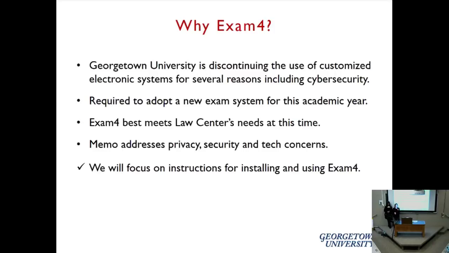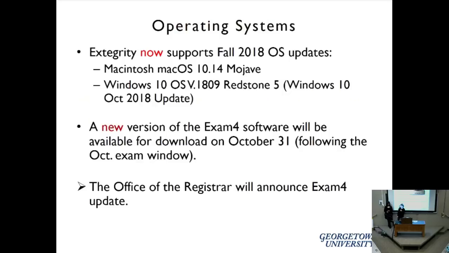And so we are now going to move forward with going through the instructions on how to use Exam4. One note, some of you might have received emails or heard concerns from fellow students about the operating system. Extegrity, which is the developer of Exam4, does now support all operating systems for fall 2018.